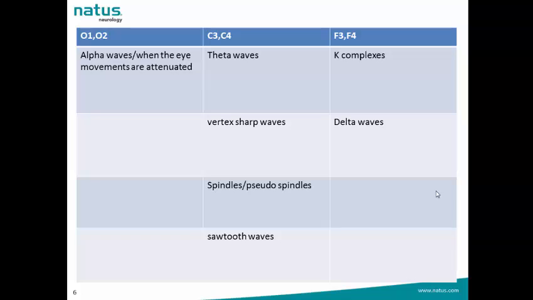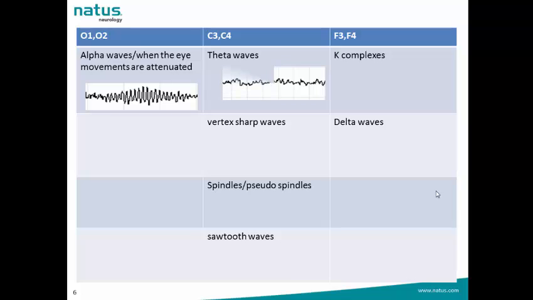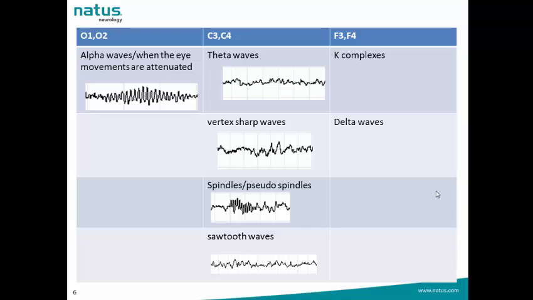When we record from the occipital, we will be able to maximally observe the alpha rhythm when the eyes are closed. And when we record from the central, we will be able to maximally observe the theta waves, vertex sharp waves, spindles and pseudospindles, and sawtooth waves.